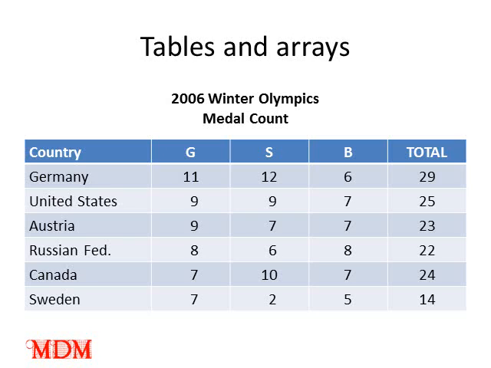As we look at those data entries, we see that we have 11 under G, so Germany won 11 gold medals. 12 is under the S column, so Germany won 12 silver medals, and then we have 6 bronze medals that Germany won in 2006 for the Winter Olympics, giving us a total of 29.